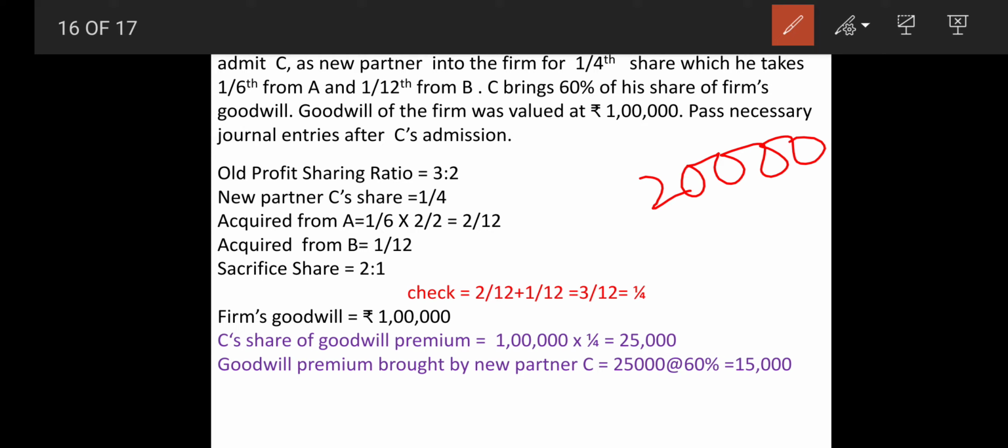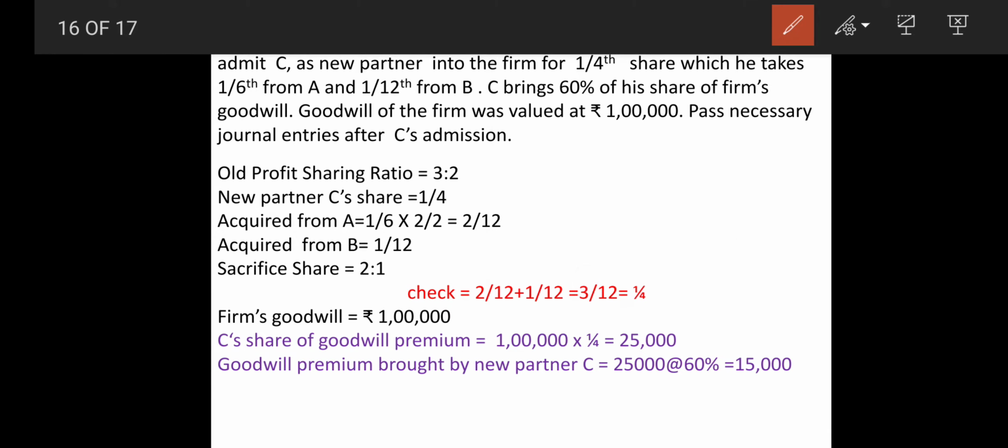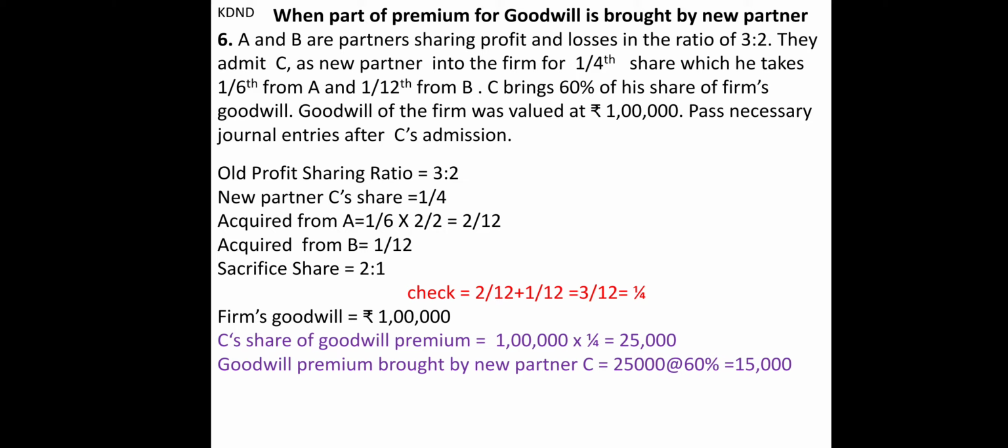Now of this he is only able to bring 15,000. So the rest, 5,000, will be extracted. This amount will be taken away from the new partner's current account. How, in what way? That we are going to learn.